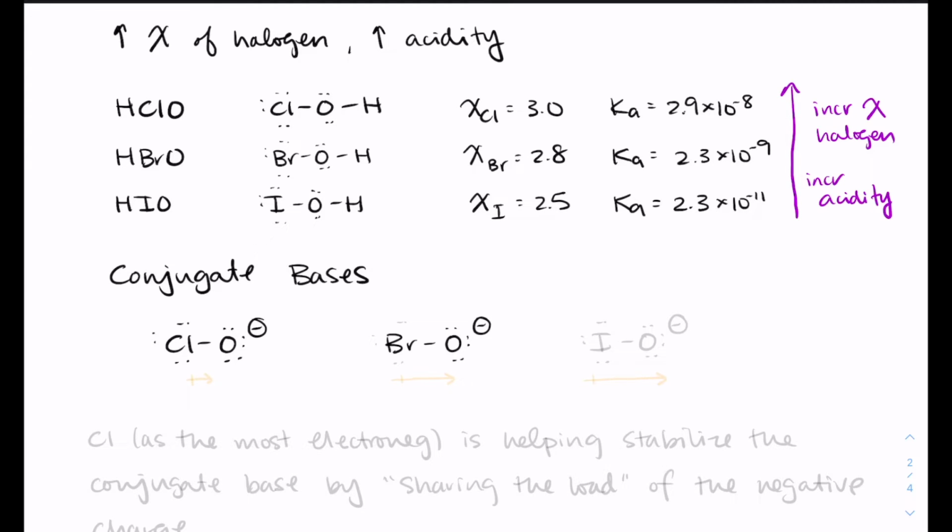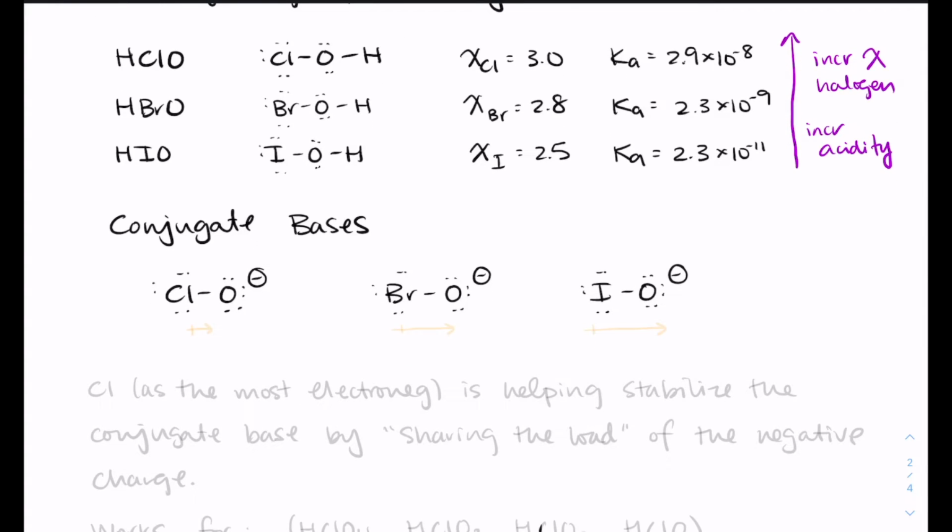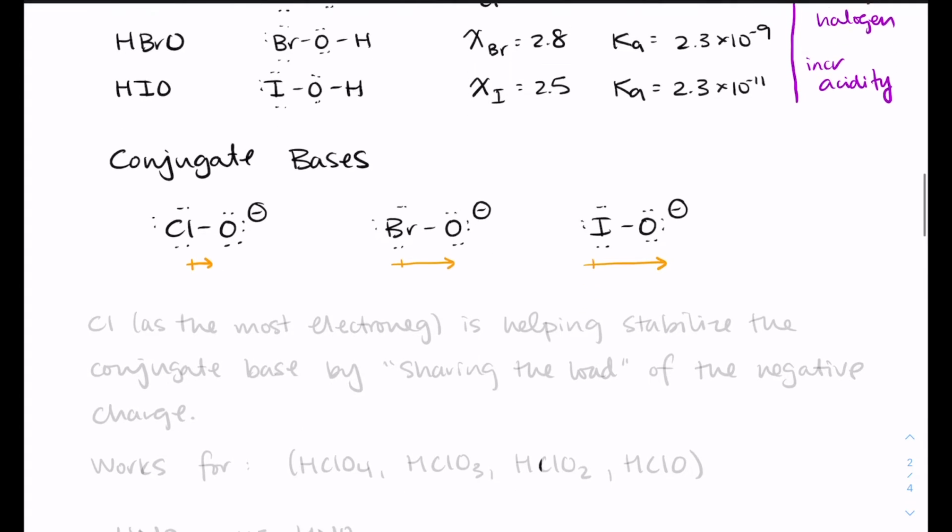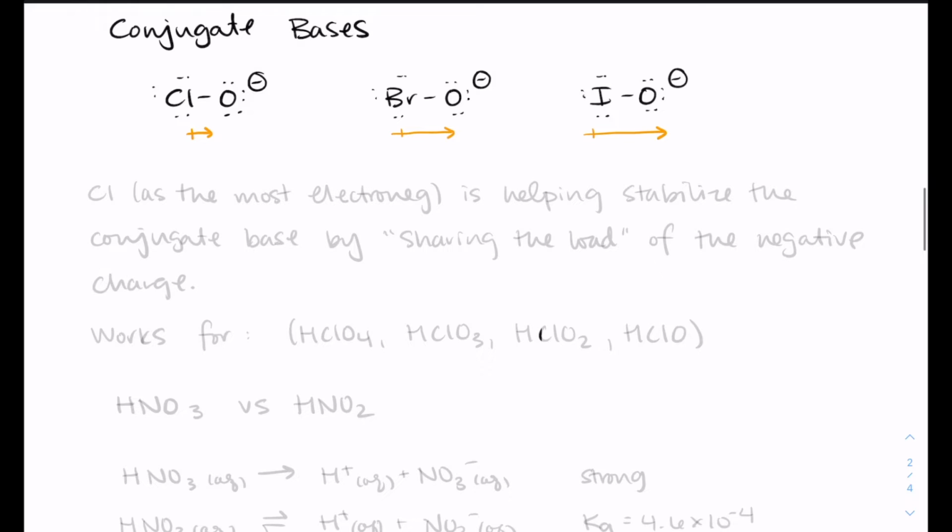So how does this go together? That is the question. So chlorine is the most electronegative. What you would say is that it is helping stabilize the conjugate base by sharing the load of the negative charge. So when that hydrogen leaves and oxygen has a negative charge on it, in the case of chlorine and oxygen, chlorine is not pushing electrons onto the oxygen.